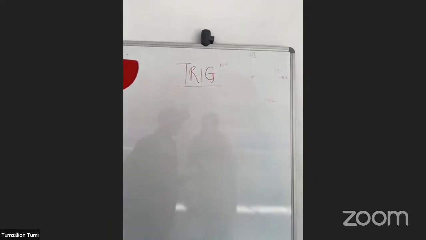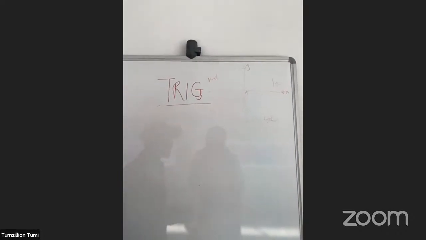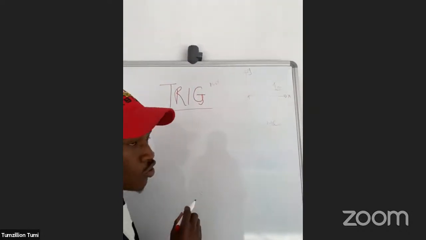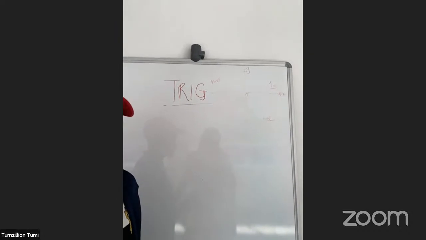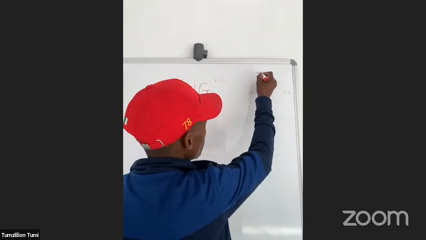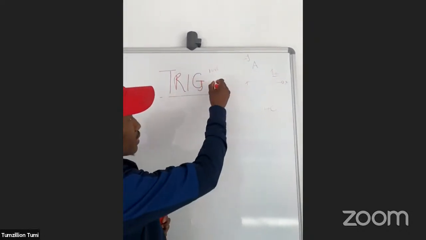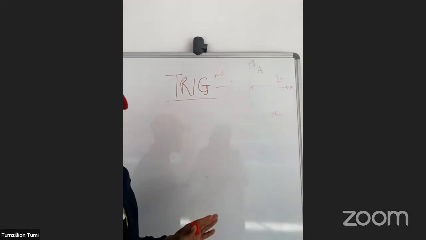Okay, so remember, in the first quadrant, all the trig ratios are positive there. So we write A here for all. In the second quadrant, only sine is positive, the rest are negative.